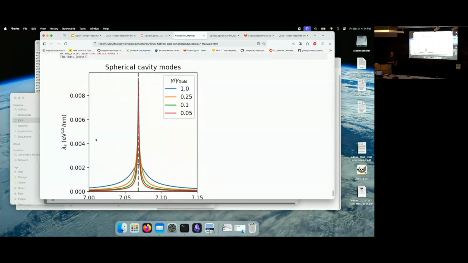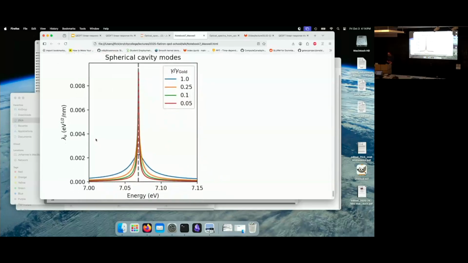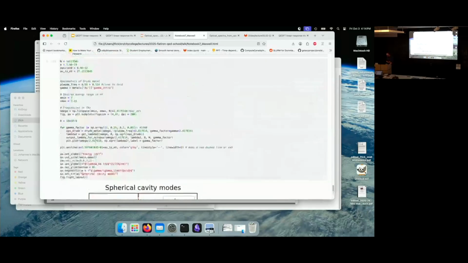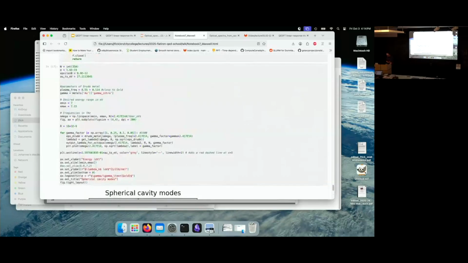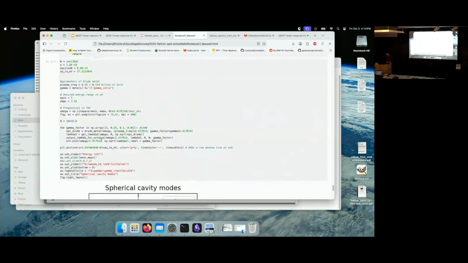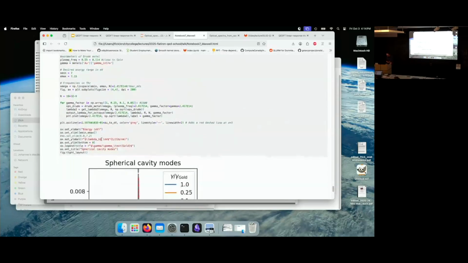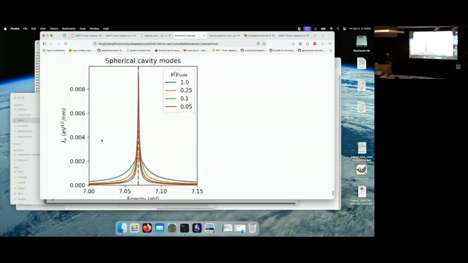If you look at the spectral density plotted here, now we have a cavity. We chose a cavity setup where the resonance is, and we also chose the epsilon so that it matches the transition which you calculate with Casita. From the top of my head, I was saying it's 7.05, it's close, 7.06 or something like that.